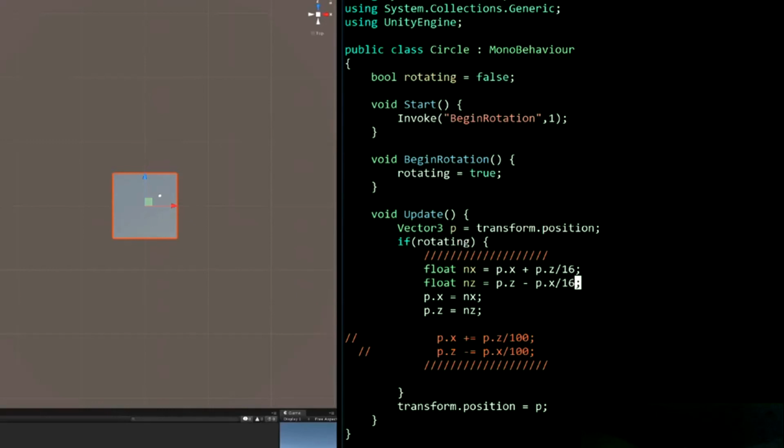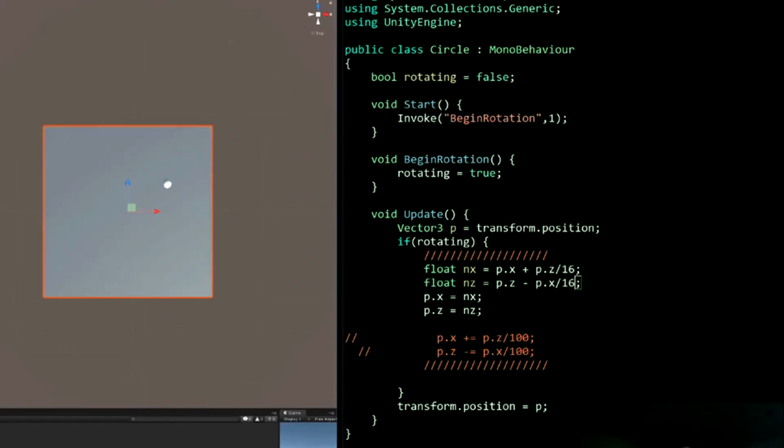Okay, that came out really fast. It's spiraling. And the reason it's spiraling is because, yes, it's an approximation. So you're getting what you would expect to happen, because it's a skewed rotation.